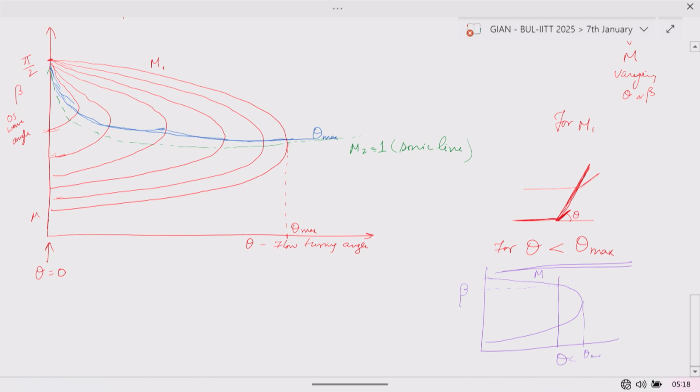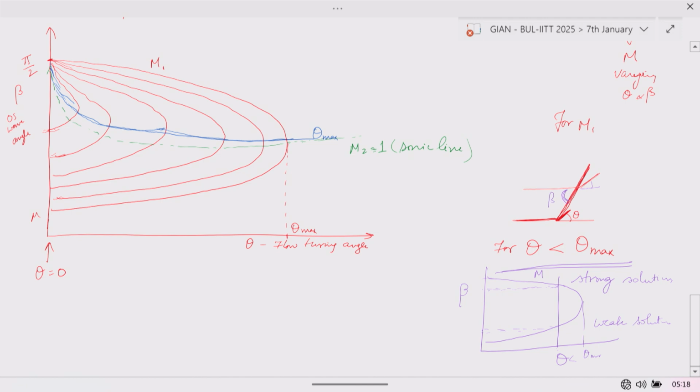One is the strong solution, the other is the weak solution. For a given value of theta less than theta max, either you can have a strong solution or a weak solution, which means for a given flow turning angle theta, there is this beta.